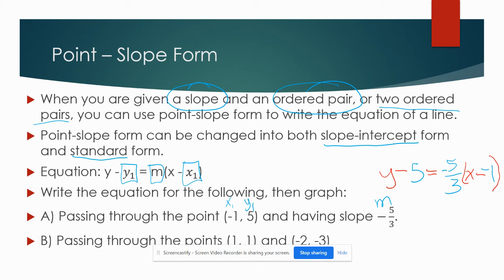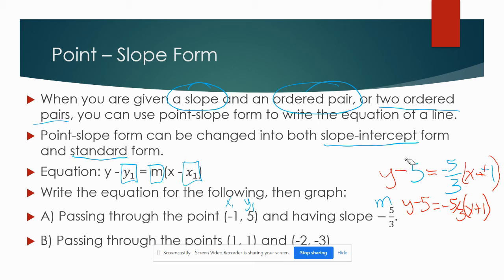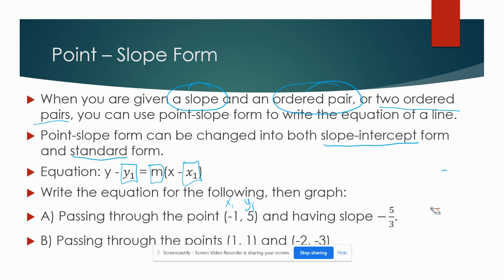Now I would clean this up a little bit on the minus negative 1 part and say add the opposite. So that's y minus 5 is negative 5/3 times x plus 1. That would be point slope form for A. Point slope form for B, they're giving us two ordered pairs.